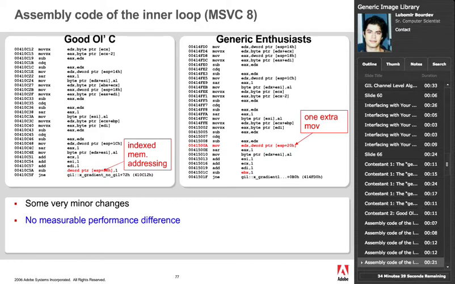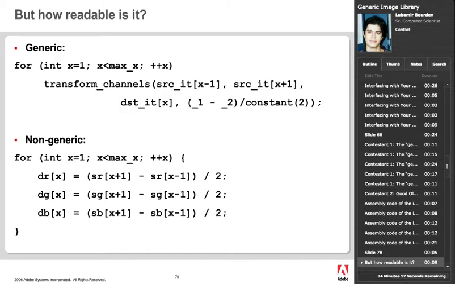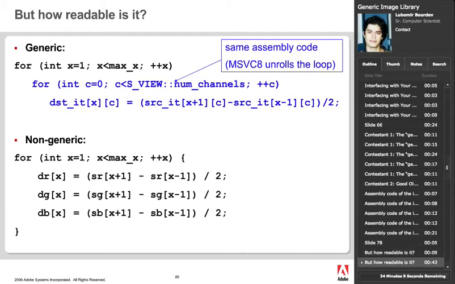Okay, by now hopefully you're convinced that the code is generic and that it is fast. The next question is, how readable is the code? It's pretty hard to argue in favor of the generic version, but let me say 2 things. First of all, you don't have to be overly generic. You can actually write an explicit loop.